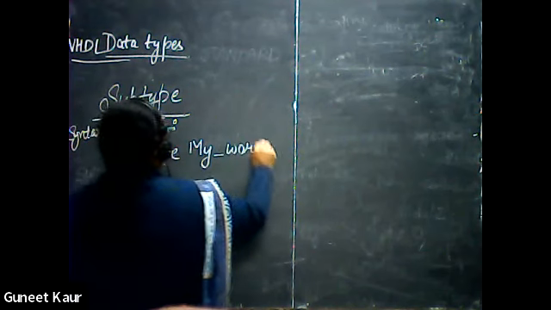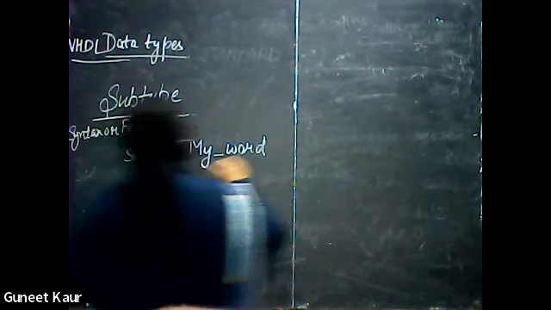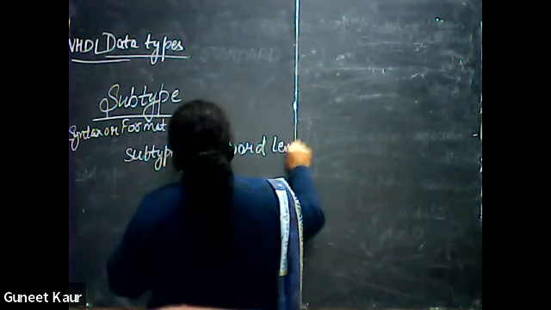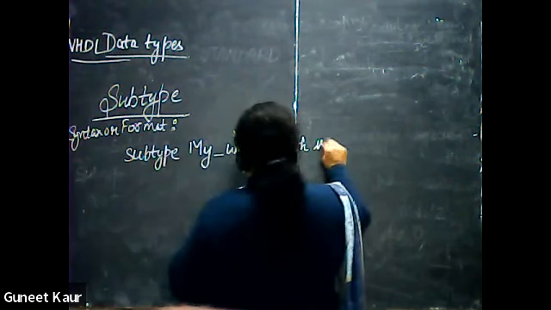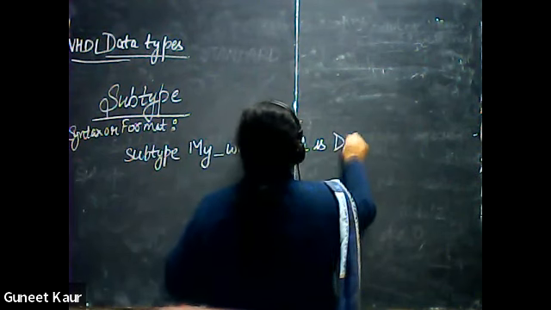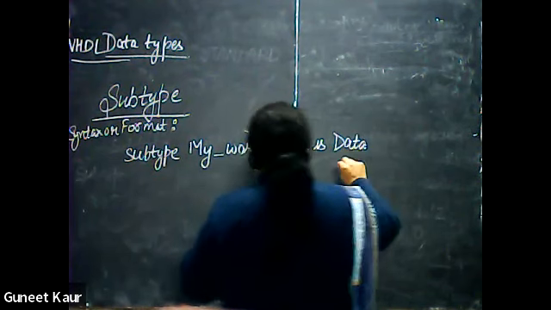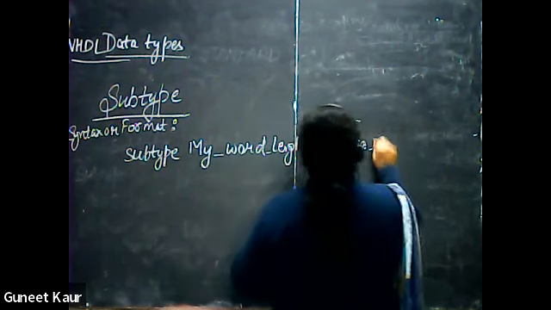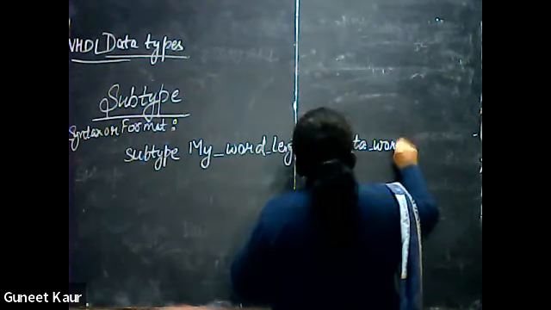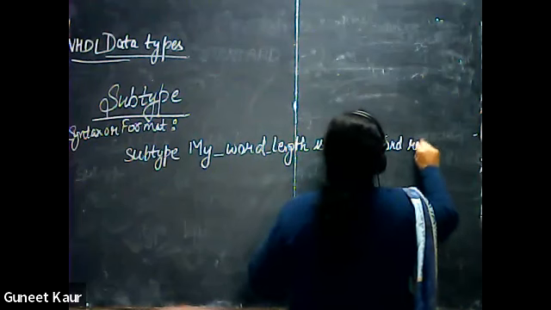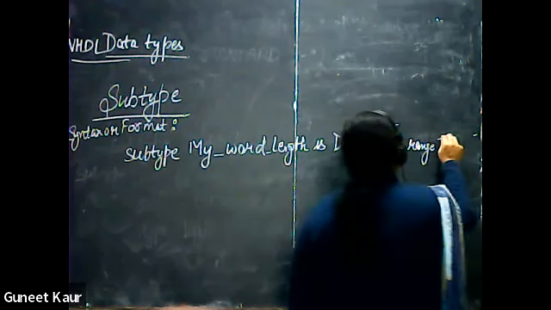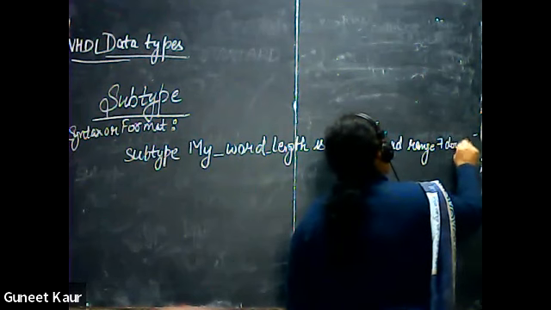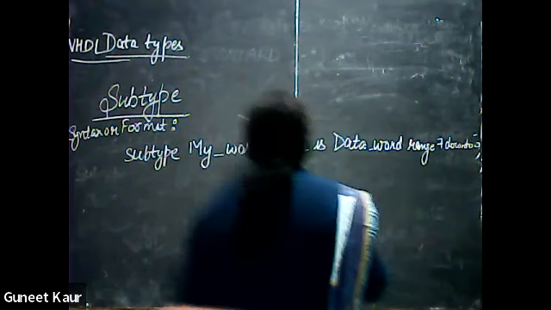This is the subtype name, my_word_length is data_word range 7 downto 0.